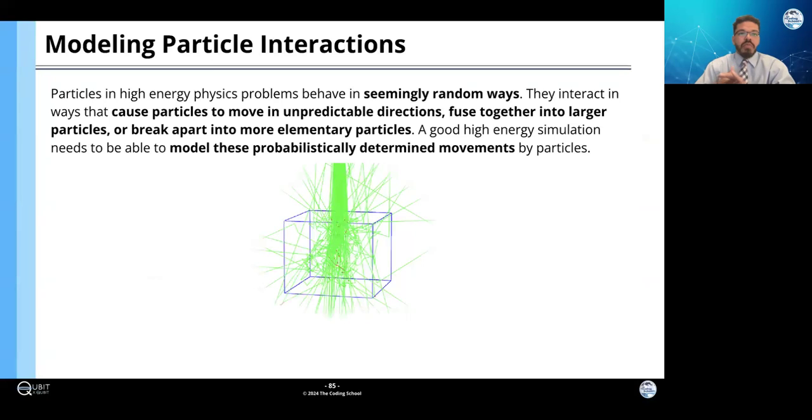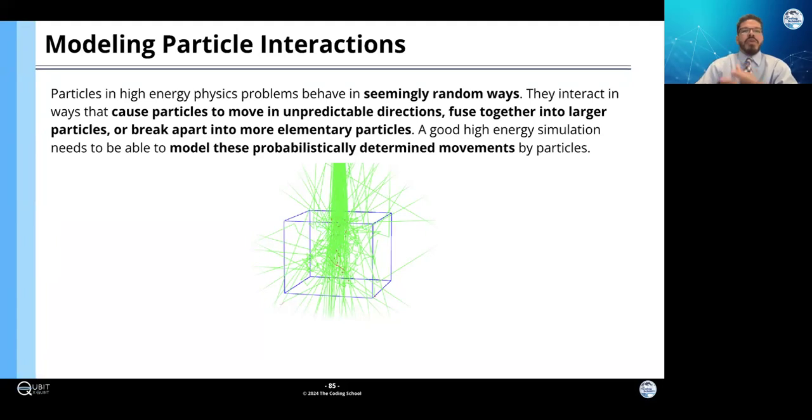Okay, so particle interactions are also another kind of thing that we might want to simulate. If you think about the scattering events that happen in a particle accelerator, the results are random, right? If you think about the data that comes out of the Large Hadron Collider, it's actually probabilities.